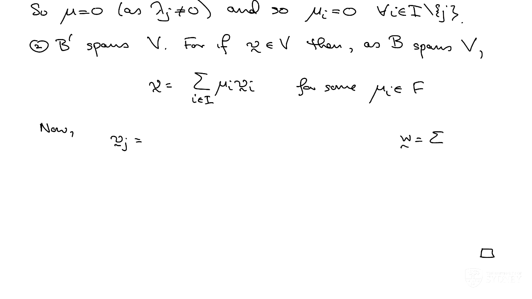W was the sum over I in I of lambda I Vi. So Vj is lambda J inverse W minus the sum over I in I but not J of lambda J inverse lambda I Vi. Okay.